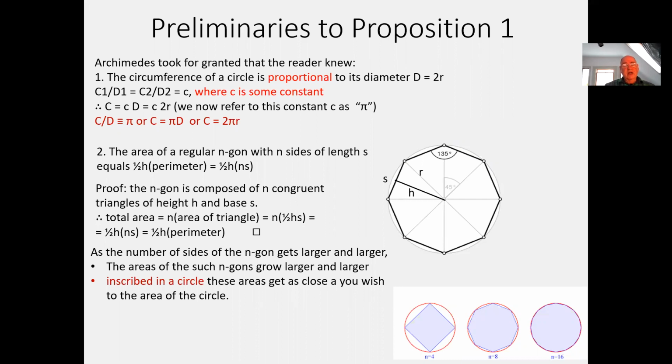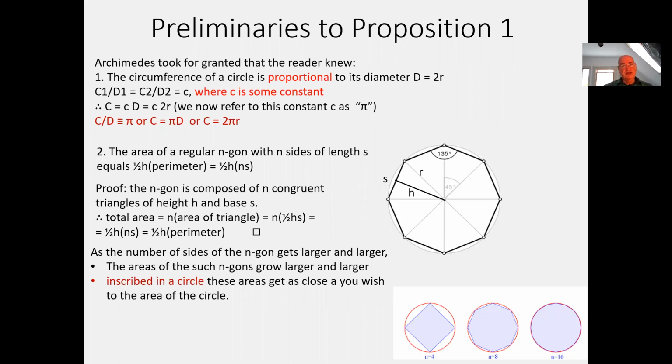If you want the area to be just 1 over a googolplex shy of the area, just pick n to be very, very, very large, and you'll find the n-gon to be rubbing right up against that circle, with a difference less than that from the area of the circle. We can get as close as we wish. Any degree of closeness, we can do it by picking n large enough. That comes from the method of exhaustion that's proved formally.